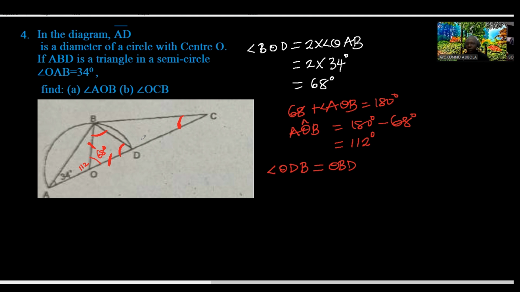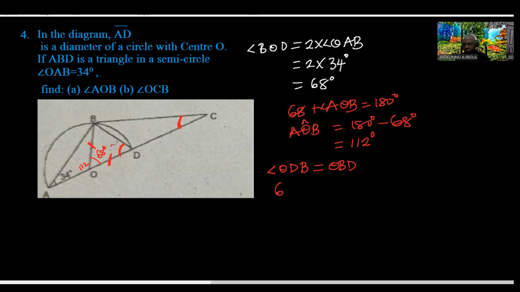So to find the angle BDC, which is this angle, we're going to take this away from 180, whatever we get here for this ODB. Take it away from 180 to get this one outside. To get ODB, we have 68.